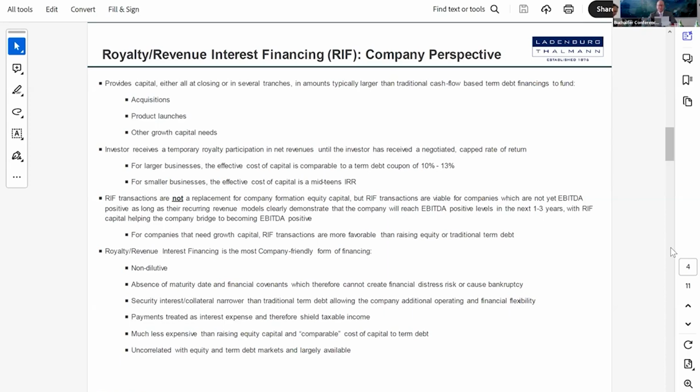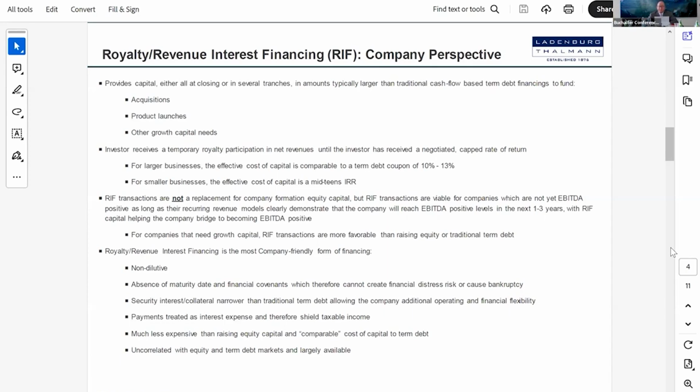And in that case, for these medium to large size companies, the cost of capital is 1.45 to 1.75x. So that roughly translates into a coupon of 10 to 13%, if you think about it on an IRR basis. For smaller businesses, the effective cost of capital typically starts at a mid-teens IRR. Of course, the definition of small has changed over time, but yes.